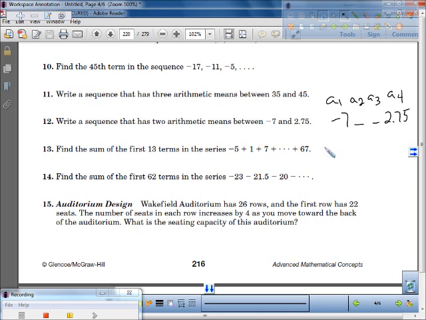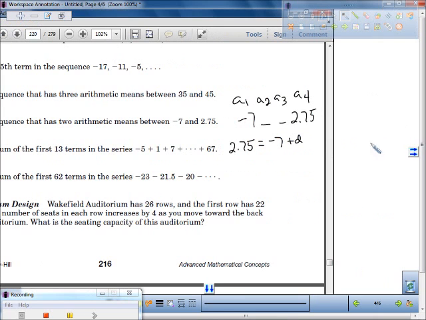So what we'll do here is take 2.75 equal to -7 plus d, which we don't know, times n minus 1. n is going to be 4. That's the last term that we have. So we'll end up with 2.75 is equal to -7 plus d times 3, so it's 3d.